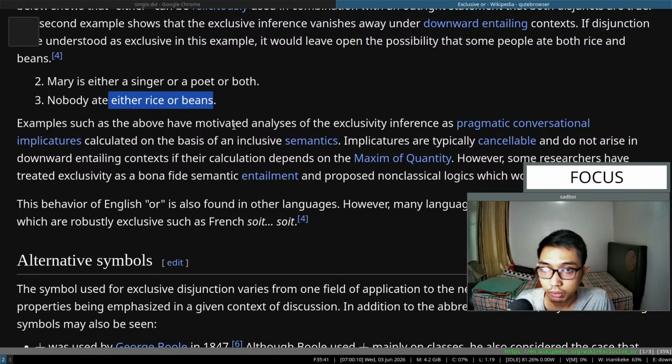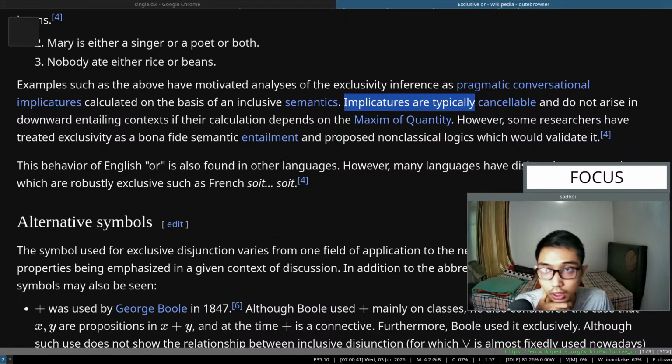Examples as above have motivated analysis of the exclusivity inference as a pragmatic conversational implicature calculated on the basis of an inclusive semantics. Implicatures are typically cancelable and do not arise in downward entailing contexts if their calculation depends on the maxim of quantity.